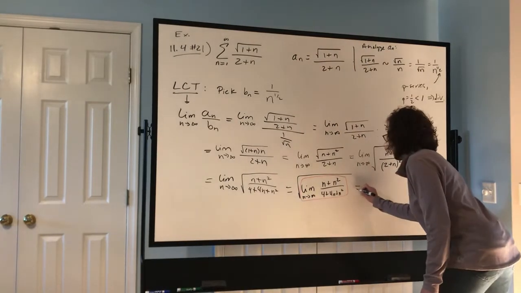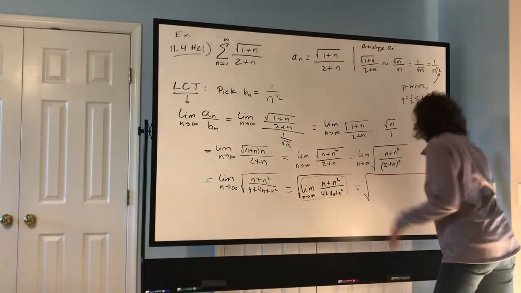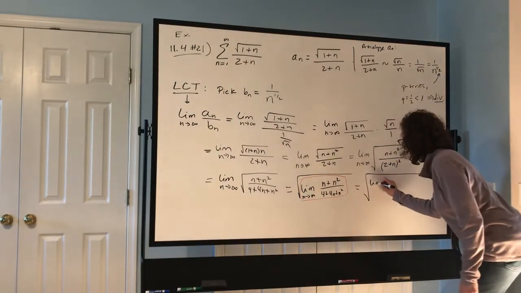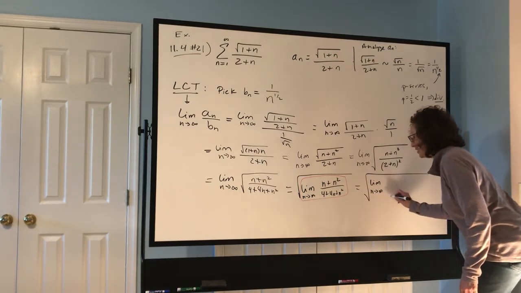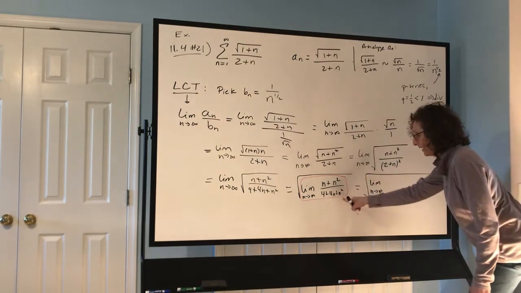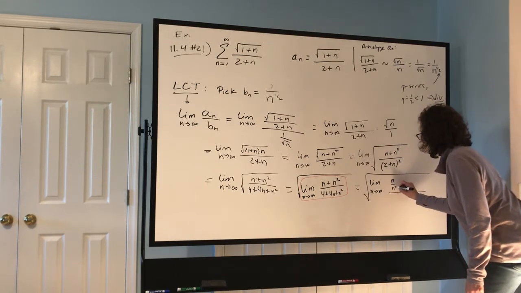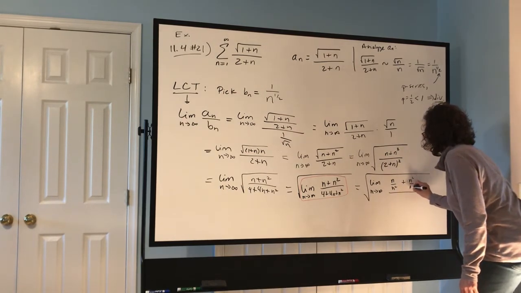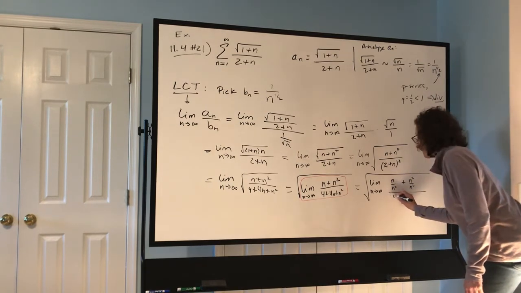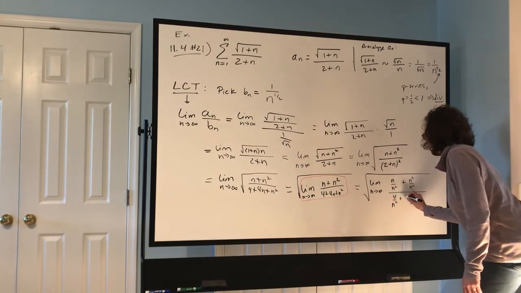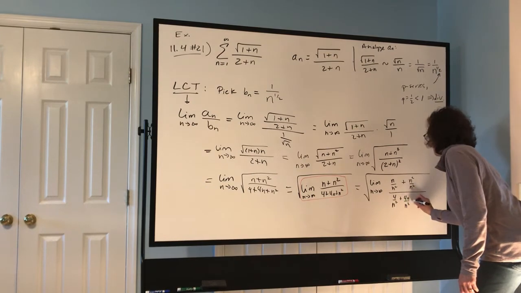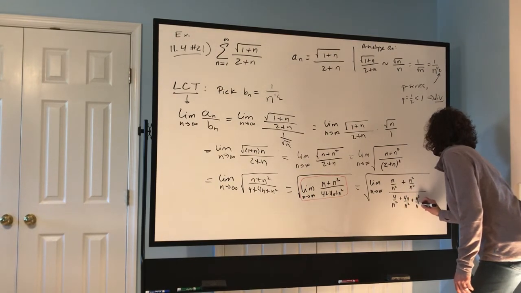So what do we get? Don't forget we have the square root, it just stays on the outside, and then we're going to change our limit into, I'm going to divide everything in here by n squared. So it's n over n squared over n squared, 4 over n squared, 4n over n squared over n squared. Yeah?